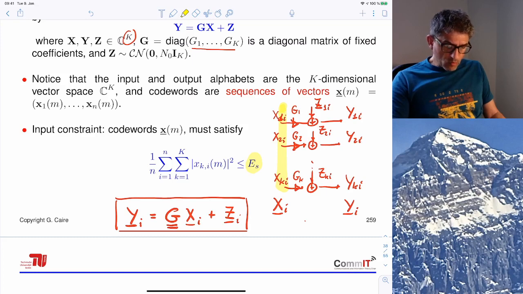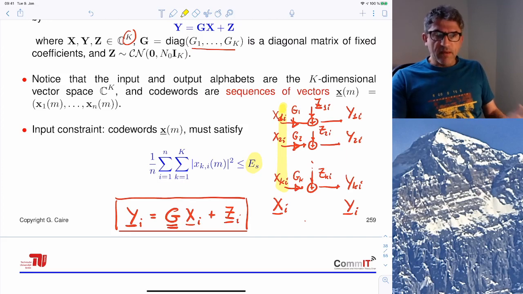But we can allocate this energy in a different way across the channels, satisfying this total budget. Because of course, if we have an individual budget ES1, ES2, ESK for each individual channel, then the capacity will be trivial. It's just the sum of the capacities.